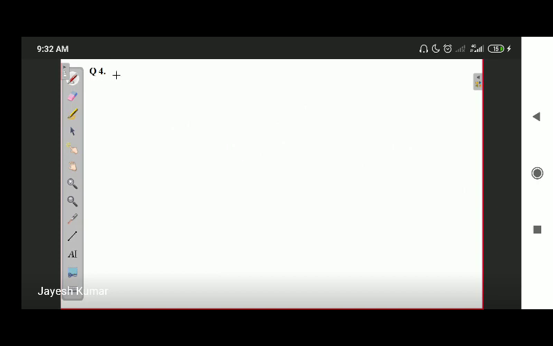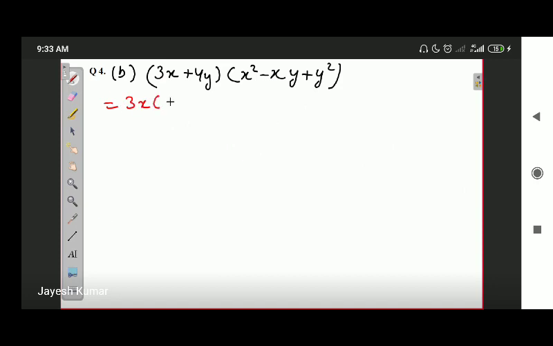Question number 4, B part. Okay, this time in question number 4, we have to multiply a binomial 3x plus 4y with a trinomial. But it doesn't matter whatever we are multiplying, we will follow the same procedure. What is the procedure? First of all, first term 3x is multiplied with the second bracket.